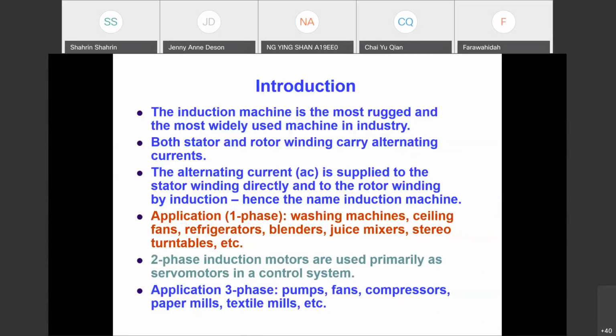That one is more for industry usage and is also used in the electric vehicle to drive your vehicle. Okay, so your electric vehicle always uses an induction motor to drive the car.